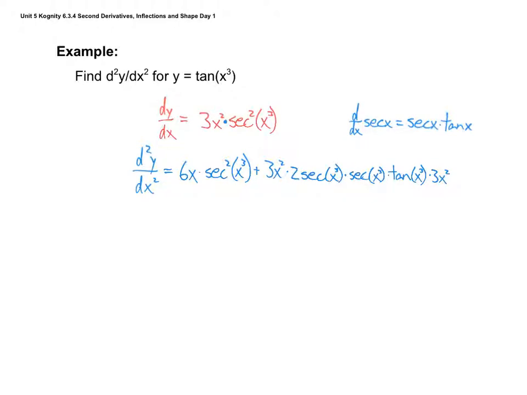That's it. We can simplify a little bit here. Okay, 6x secant squared x cubed plus, that's going to be a 9x to the fourth. Oh wait, not a 9, 18x to the fourth. Almost missed the 2. That's it.